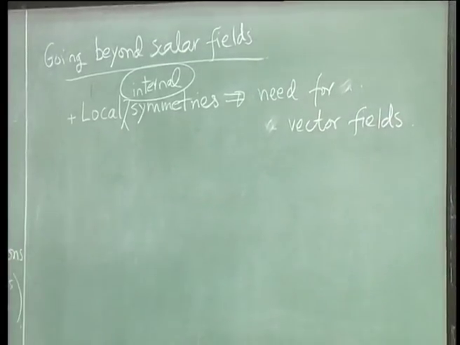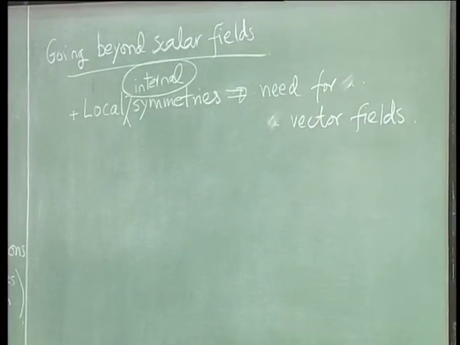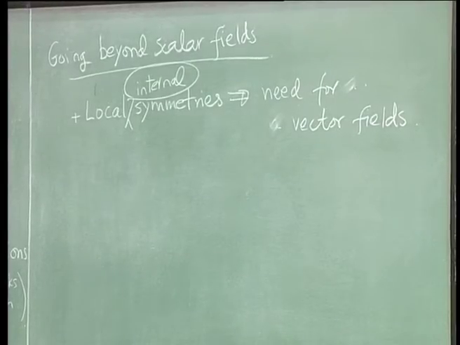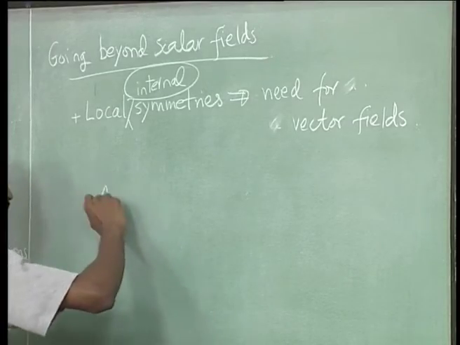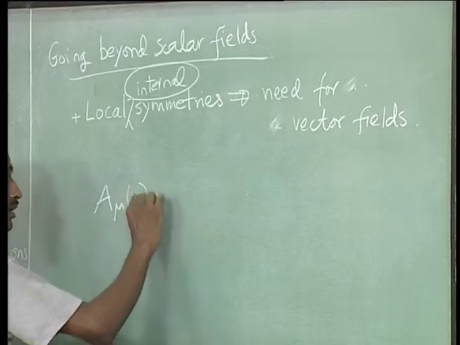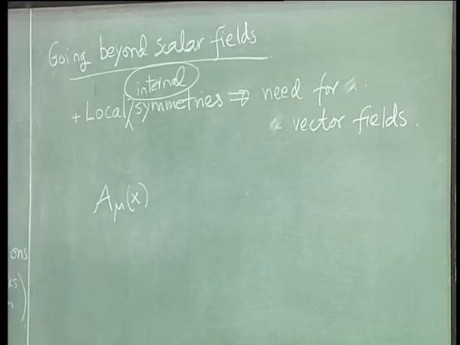Okay. One may think, do I need to go through this method? Can I ad hoc say my basic field is a vector field? There is actually nothing wrong with that. Suppose I started out with a vector field for electromagnetism, say, and it's perfectly a good field, except that if you try to write a Lagrangian for this, you are allowed two derivatives.